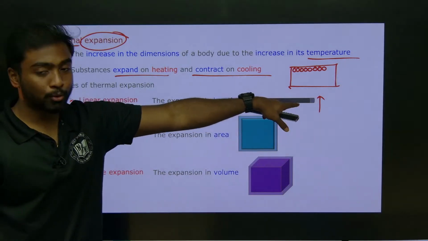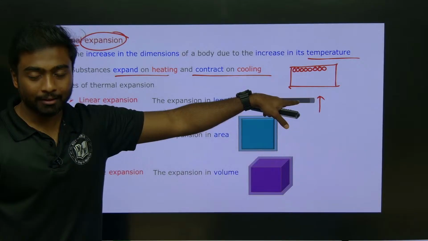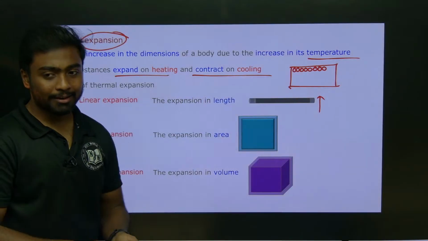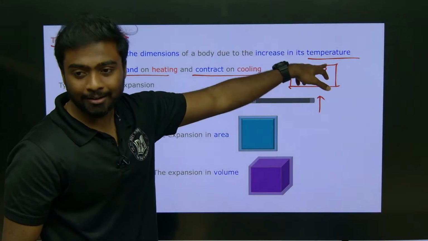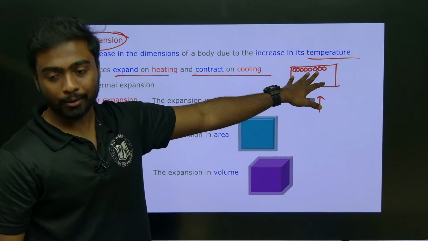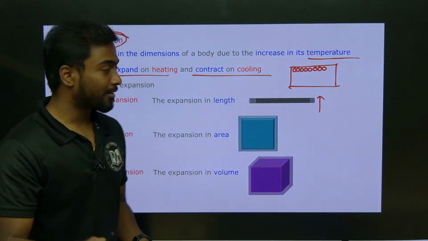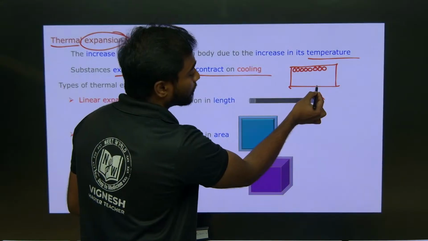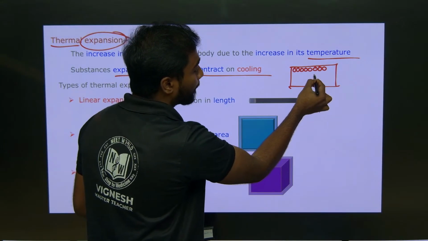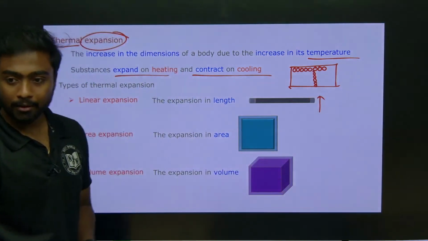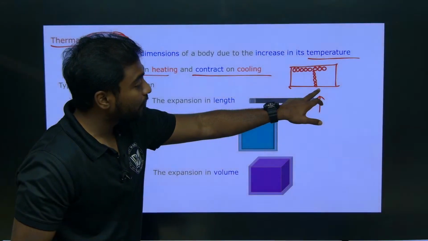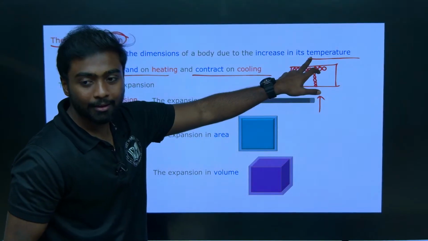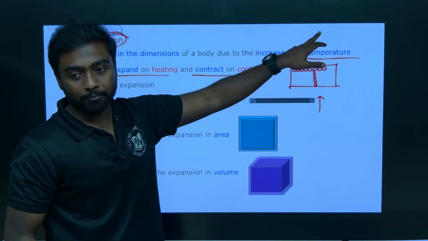When I am giving heat to this substance, energy is rising, and there is vibrational kinetic energy of the particles. Vibrational kinetic energy means that when I am giving heat, it travels from a lower particle to the upper particle. So due to the vibrational kinetic energy, the heat is travelling as energy.